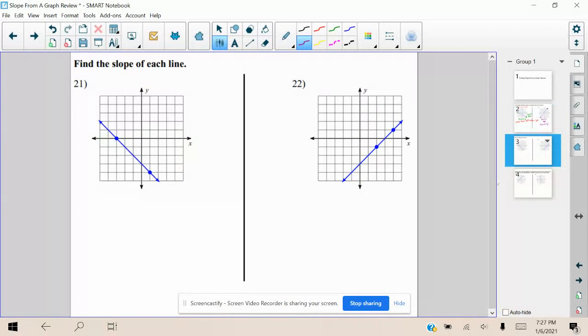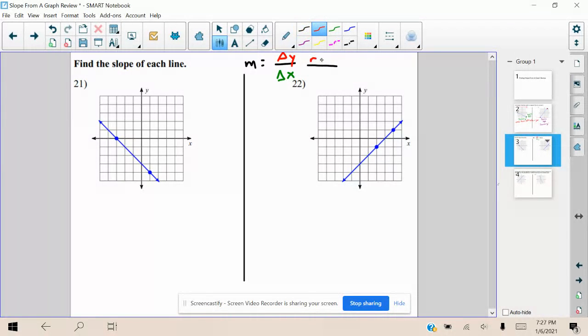Now we have some more problems here. Problem number 21 and 22. And the directions say to find the slope of each line. So before, we were just identifying positive and negative slope, but now we want to calculate the slope. Again, our slope is equal to the change in our y values over the change in our x values.